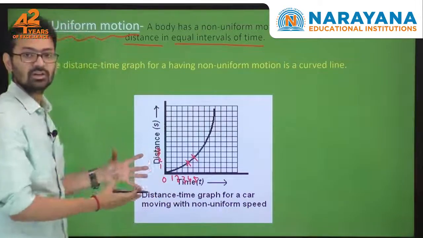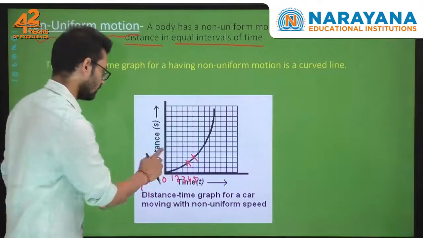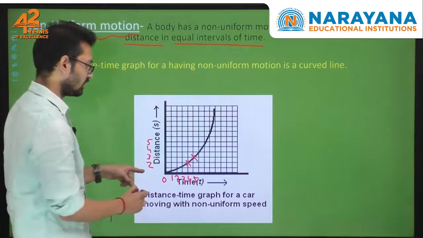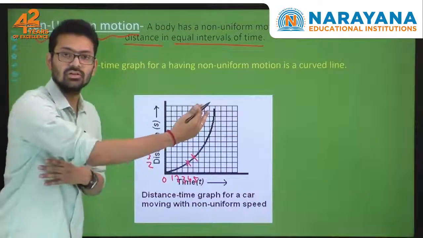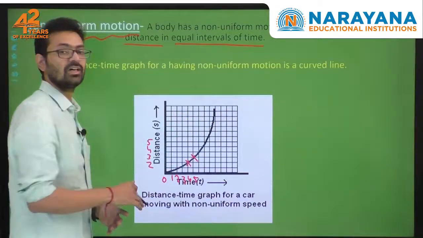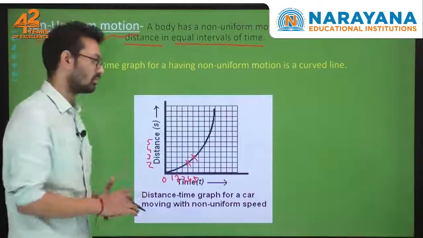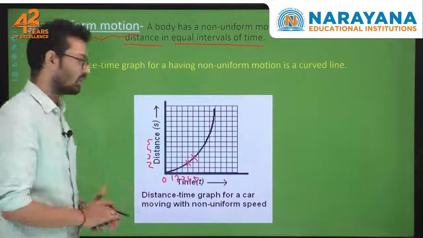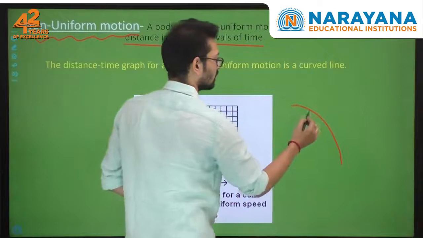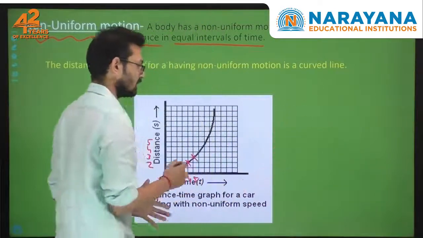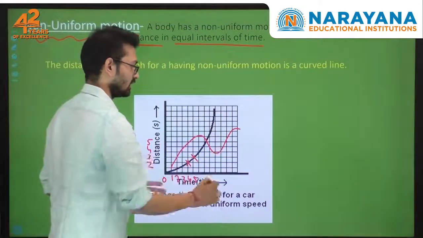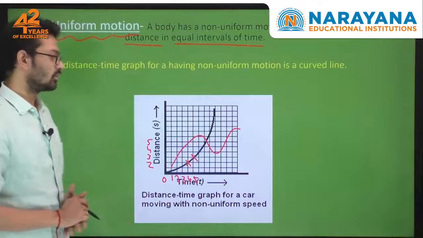So there might be a sudden rise or a sudden drop in the distance, and you will get a curve, not a linear one. I don't say it is going to be in this manner only; it might have different manners. The graph depends upon the distance covered, so you might have an irregular graph. This kind of graph can also be plotted.